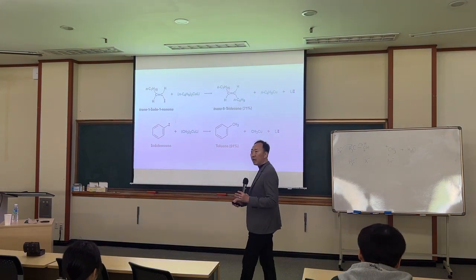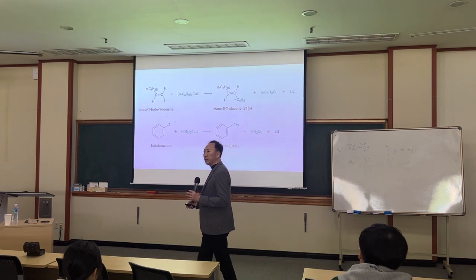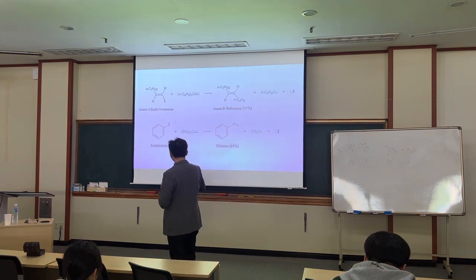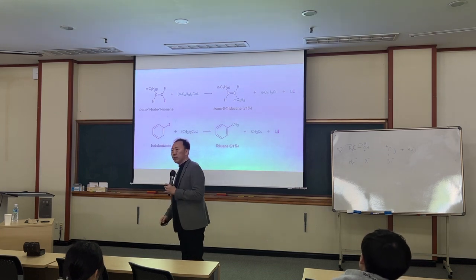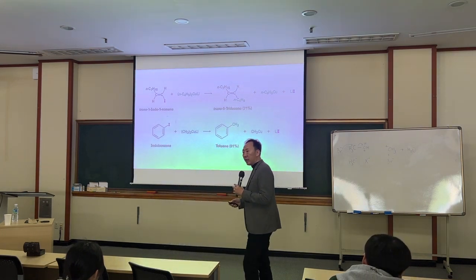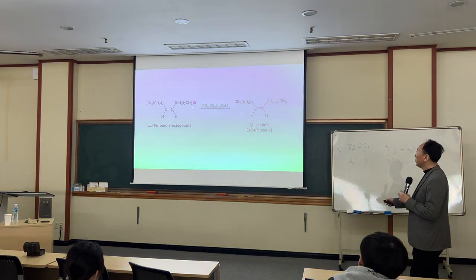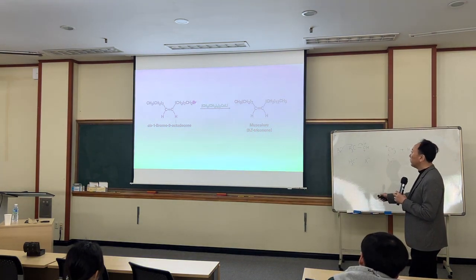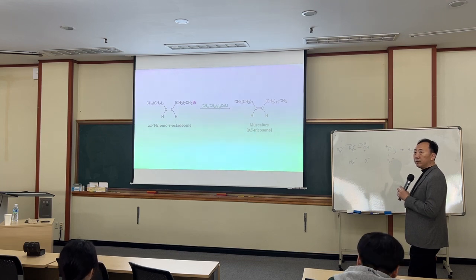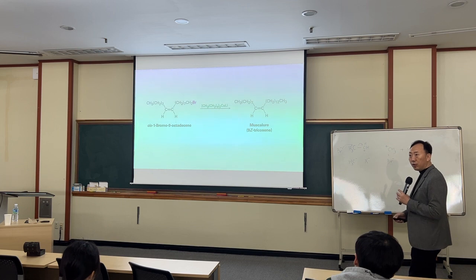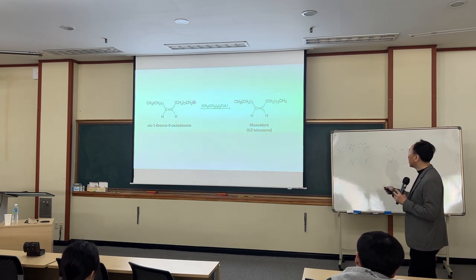Generally, it is alkyl halide electrophile and nucleophile attacking together and then making this carbon coupling. Details I will explain again later. So here's another example. This is alkyl halide, electrophile. This is copper reagent, this is nucleophile. Nucleophile attacks here, and then it is added here.